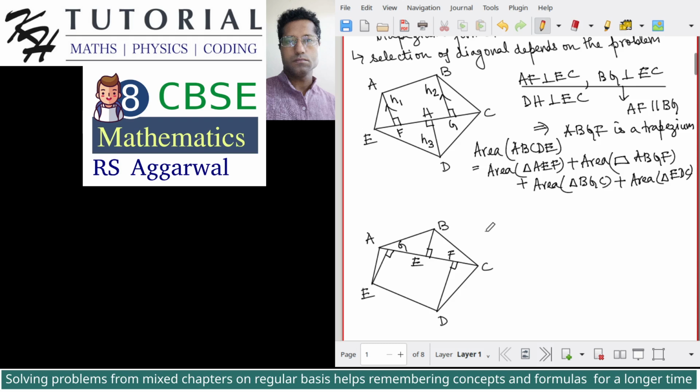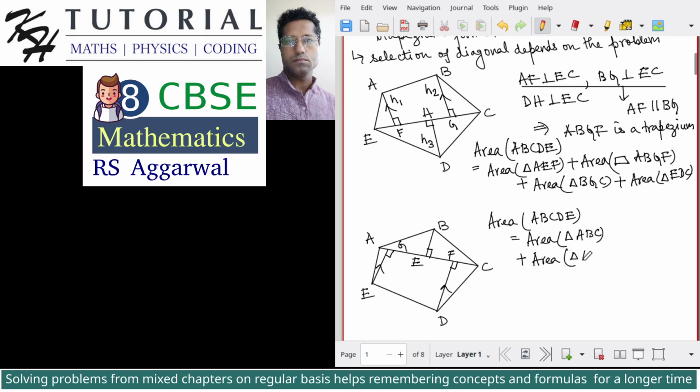So for this, if we select AC as the diagonal, we can see the area of the pentagon ABCDE will be equal to the area of the triangle ABC plus the area of triangle AEG plus the area of triangle DFC plus the area of trapezium GFDE. Please note that EG is perpendicular to AC and also DF is perpendicular to AC. So FD will be parallel to EG, and EG and FD will be the parallel sides of the trapezium EGFD.